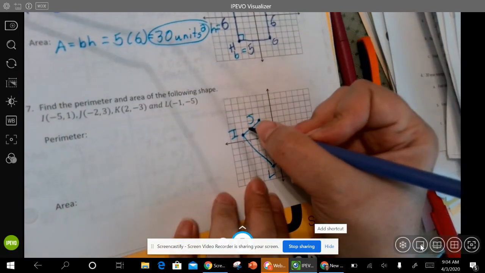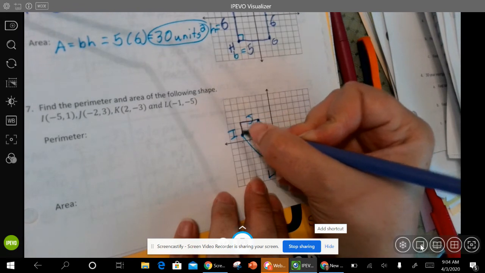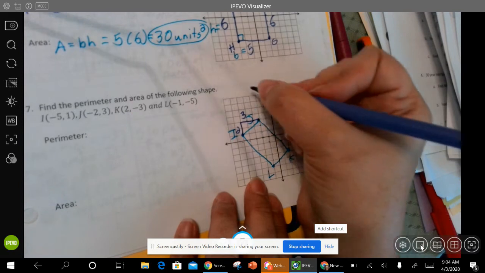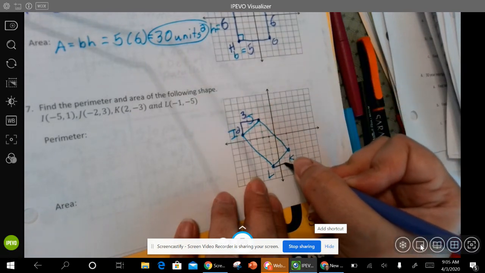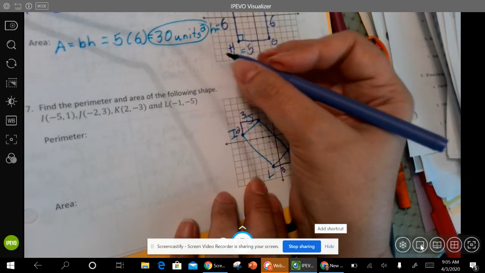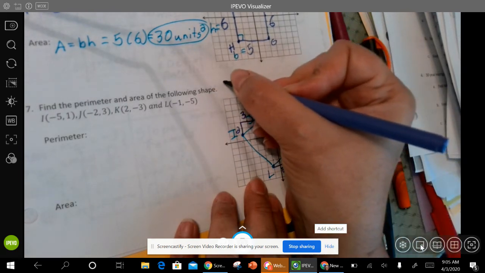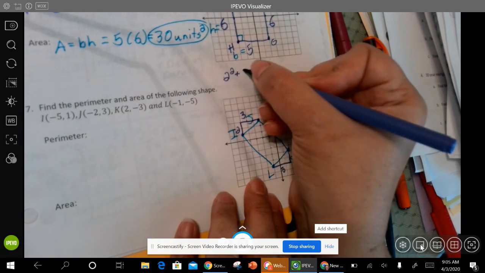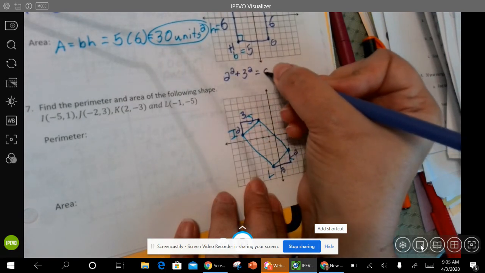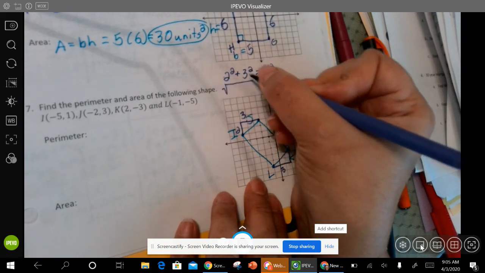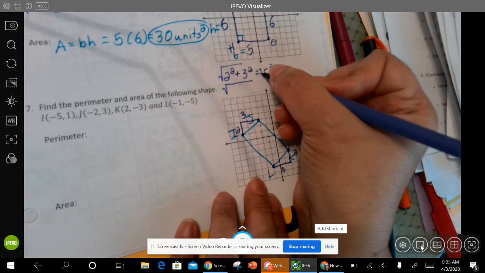Okay, so I'm going to use Pythagorean theorem again. So this is 2 over 1, 2, 3. So for this one, over 3, up 2. Okay, so we're just going to do 2 squared plus 3 squared, and then we take the square root of both sides.